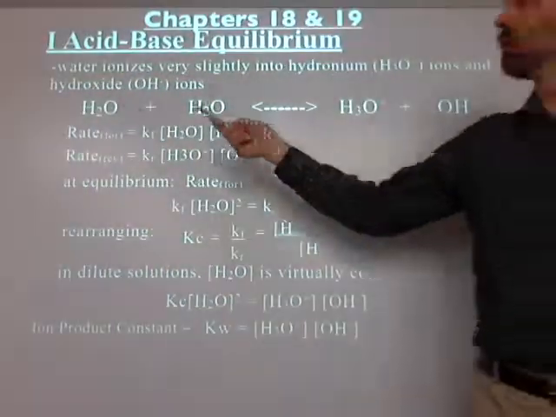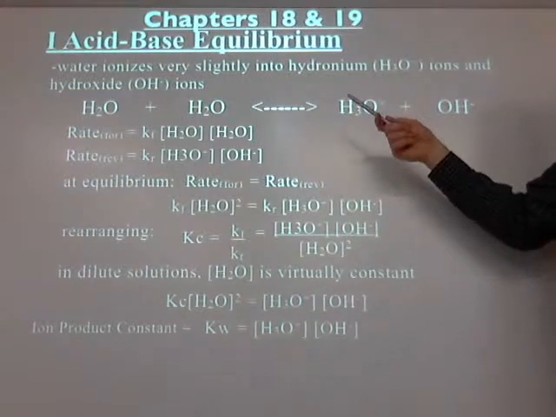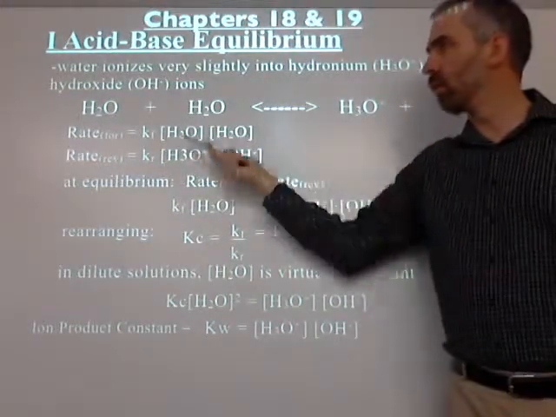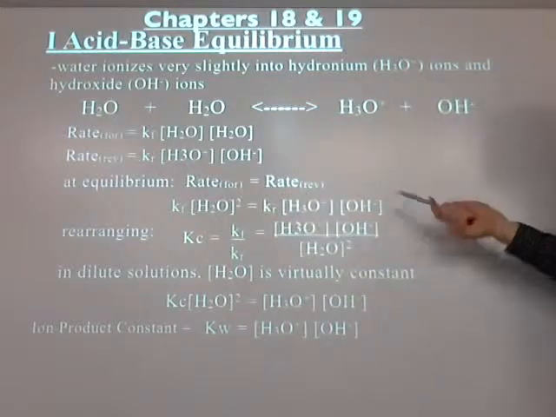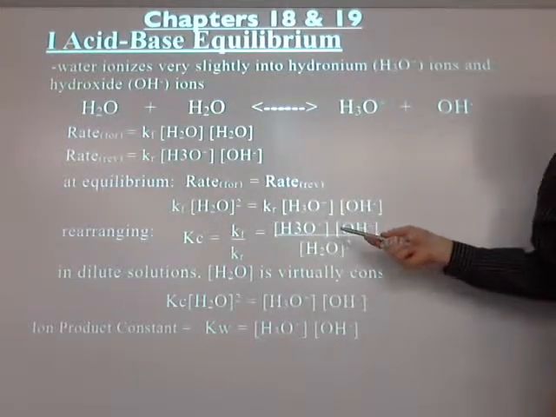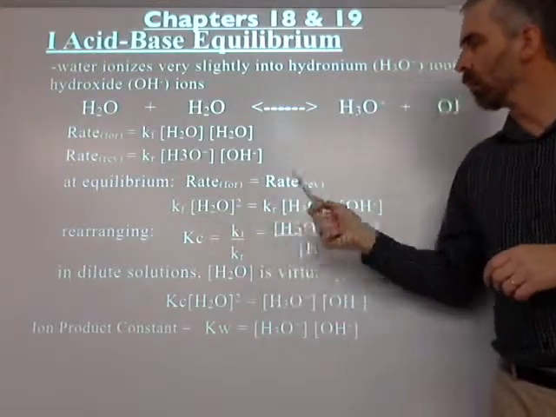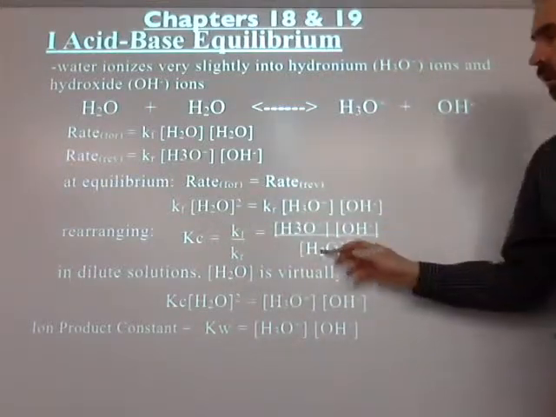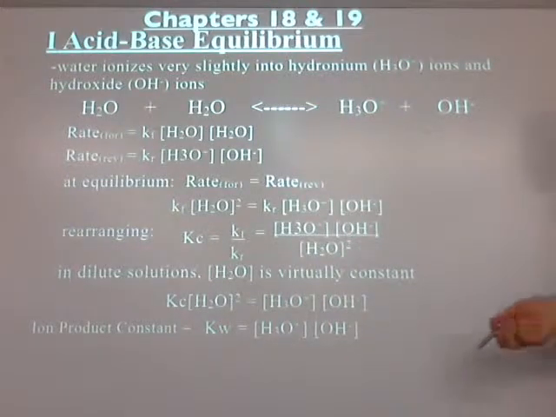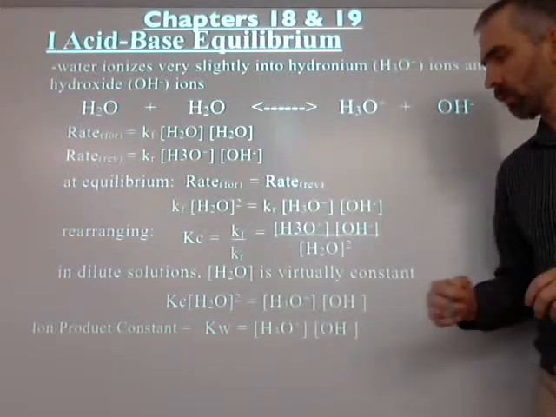Okay, it's not an acid adding a hydronium ion. All right, so it's the same basic idea though. Rate forward equals this, rate reverse equals this. At equilibrium, the rates are equal. The big difference here from the previous chapter was that water comes over to the other side with the other constants because water is a constant, and that is what gives you Kw. Basically, Kw gives you hydronium times hydroxide.